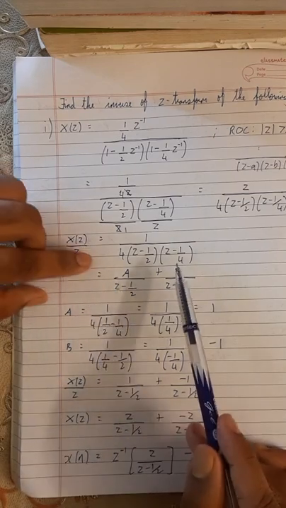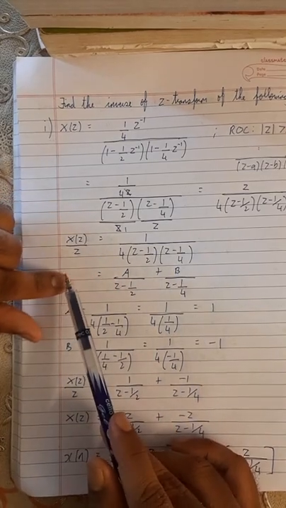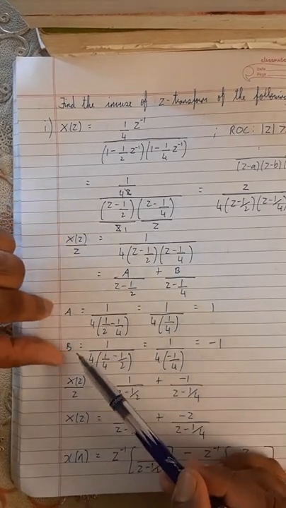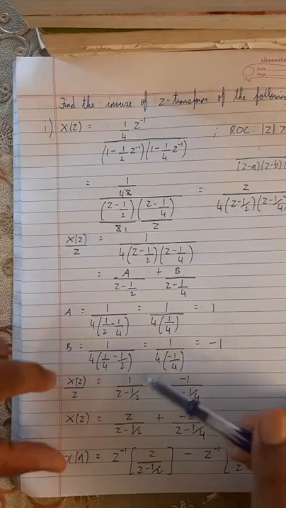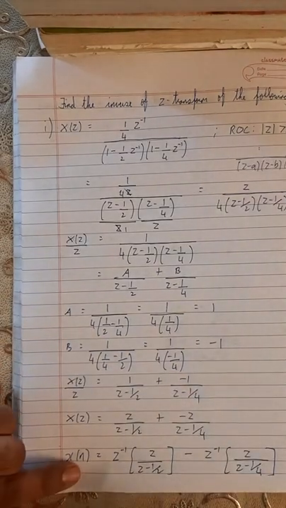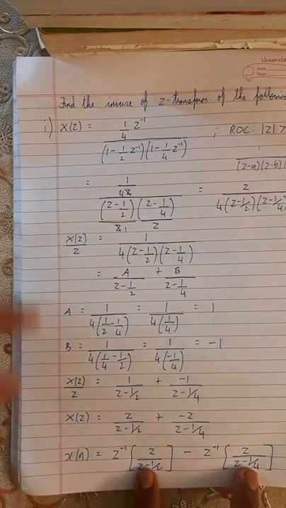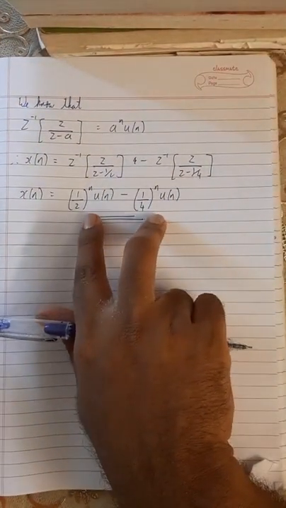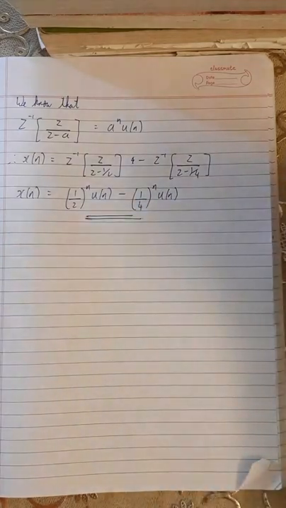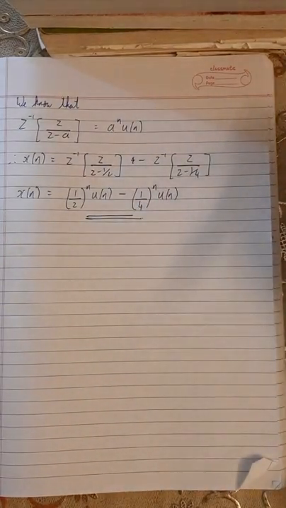Then I applied partial fractions to this equation, found the values of a and b, substituted them, applied the inverse, and as per my equation I substituted those values and got my final answer. Okay, so this is how we do the partial fraction method.